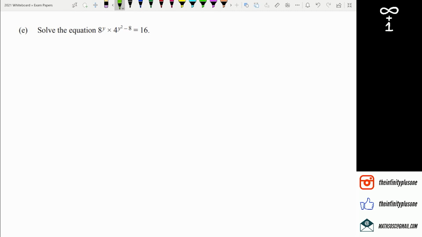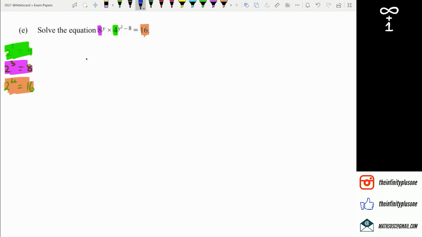The reason we're going to get rid of them is because we're going to rewrite them as 2 squared, which equals 4, 2 to the power of 3, which equals 8, and 2 to the power of 4, which equals 16. So what I've got here is get rid of 4 with 2 squared, get rid of 8 with 2 cubed, and get rid of 16 with 2 to the power of 4.